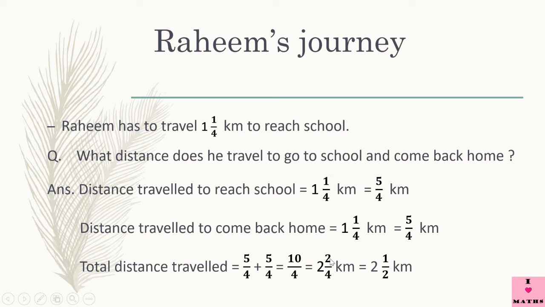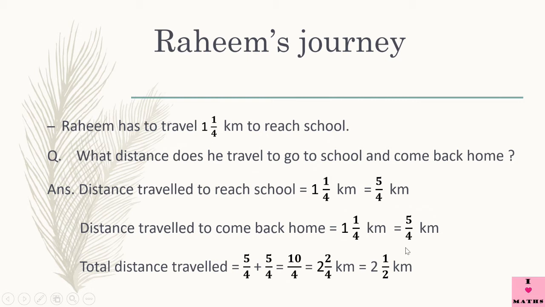Now 2/4 can be further simplified by dividing the numerator as well as the denominator by 2. Do you remember how to change the fraction into its simplest form? So 2 divided by 2 is 1 and 4 divided by 2 is 2.